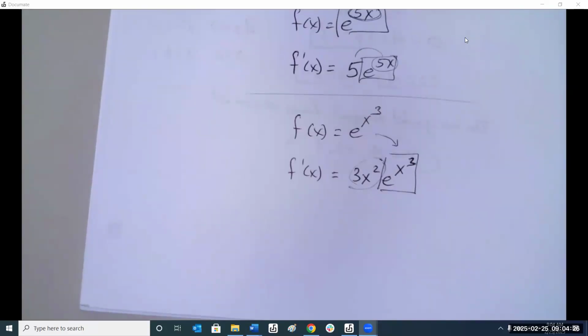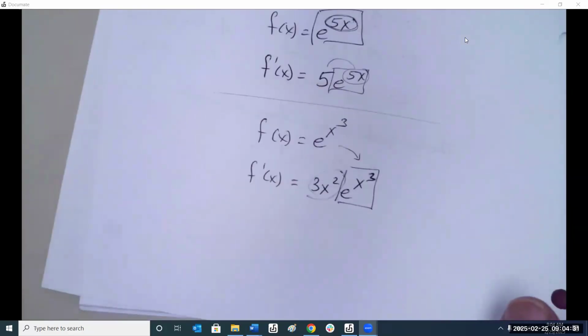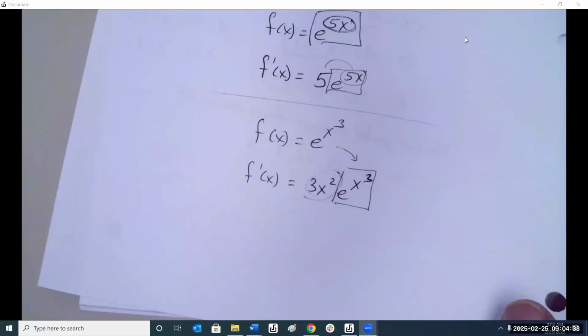So far, so good? Because the same rule applies. Remember, we did the sum rules? The same rule applies for the difference rules.